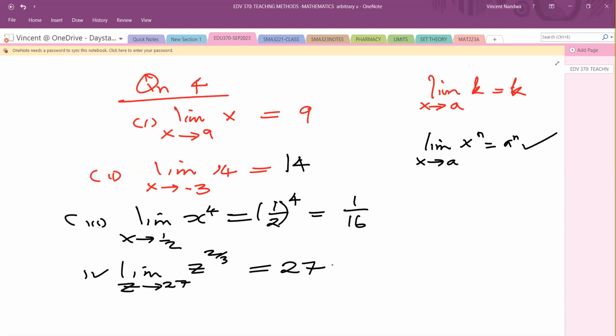You put the power in decimal, then key in 27, then raised power, answer equals 9, correct.